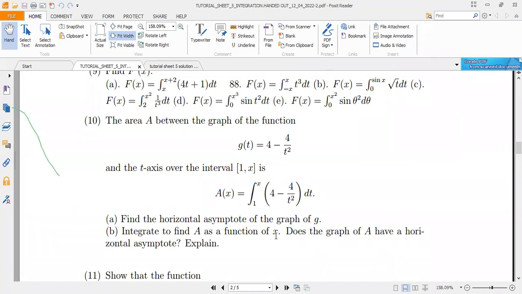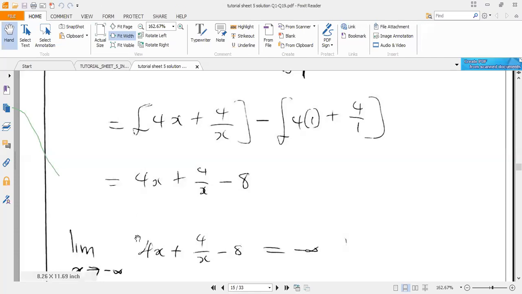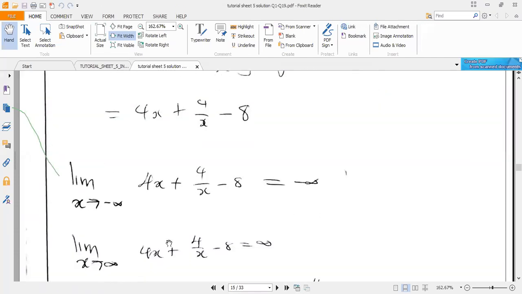Then the next question is, does the graph of A have a horizontal asymptote? When you take the limit as x approaches negative infinity, this goes to negative infinity. When we take the limit as x approaches positive infinity, it also goes to positive infinity, which shows that this function doesn't have a horizontal asymptote, because these two are not giving us a unique value.